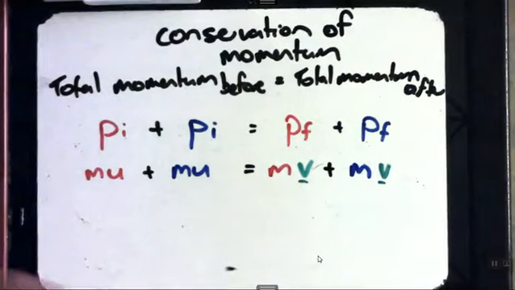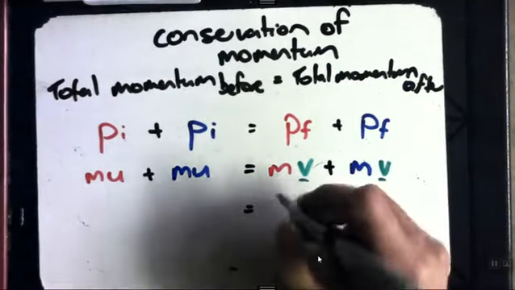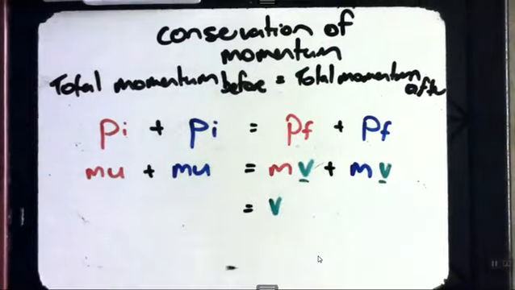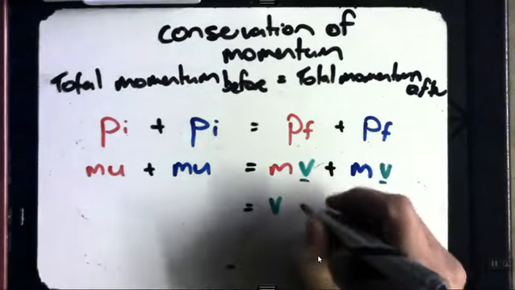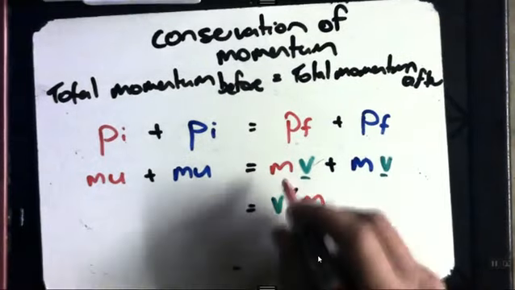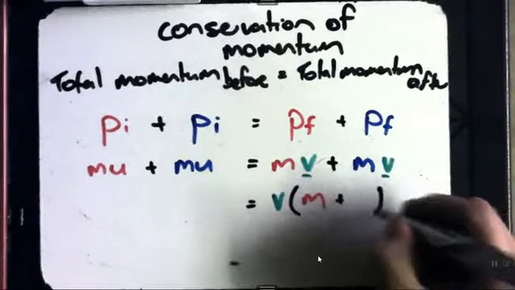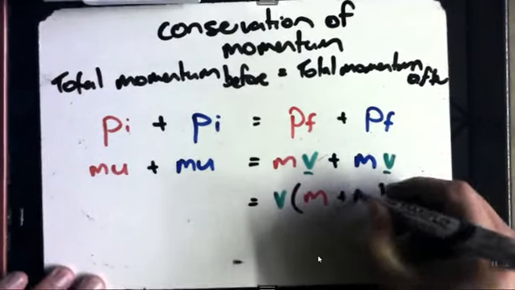What does that mean? Since they stick together, they have a common final velocity. And if I mathematically take that out, what am I going to be left with? I'm going to be left with the mass of the red one plus the mass of the blue one.